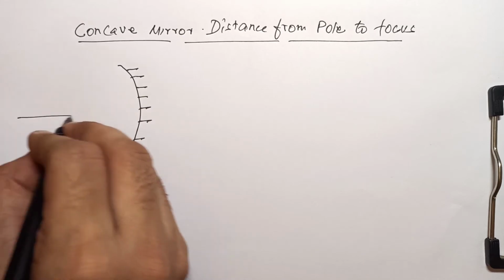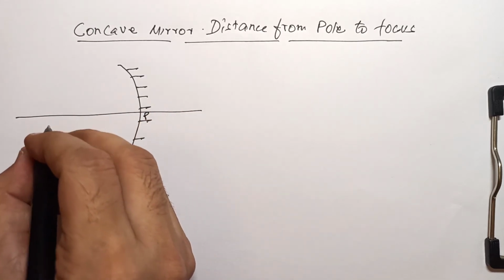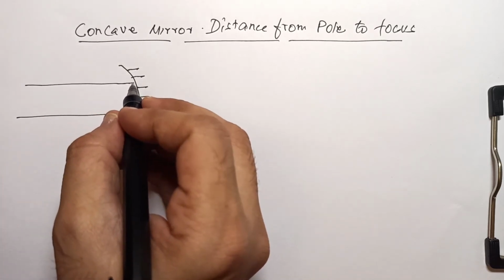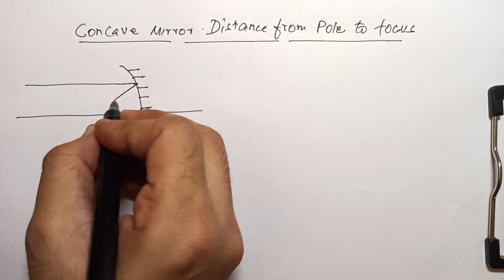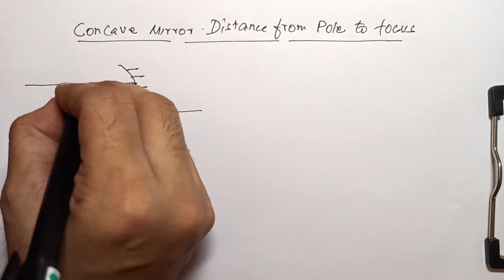This is the principal axis, this is the pole as usual. Now the rays are coming from here and they are getting reflected somewhere here.